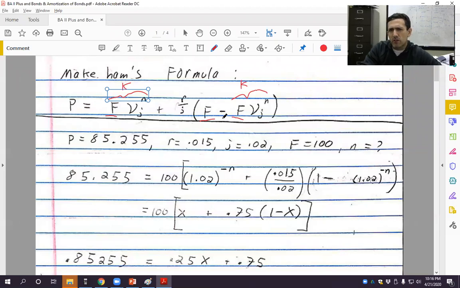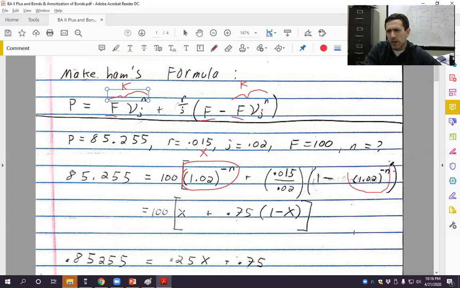Again, factoring out the F, which is 100, we get the following. This here is just the calculated 0.015 over 0.02, you get 0.75. And what we're going to do is set this to be X, and it just makes this problem that much more manageable.